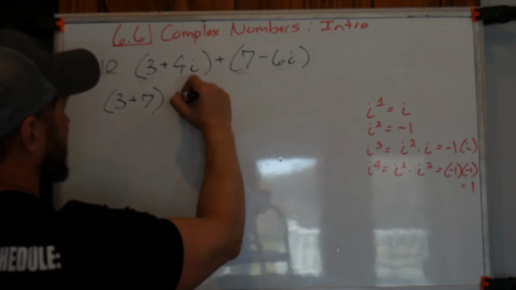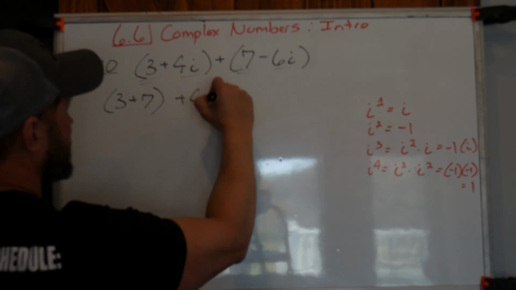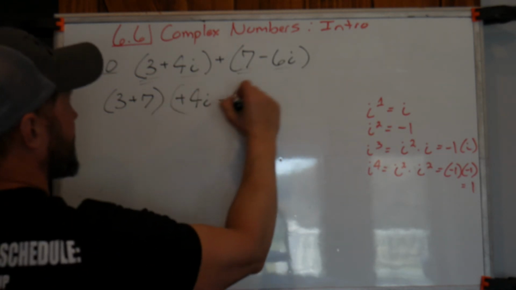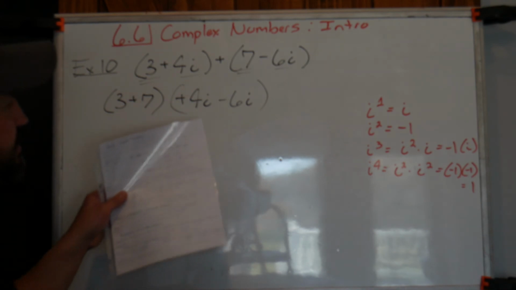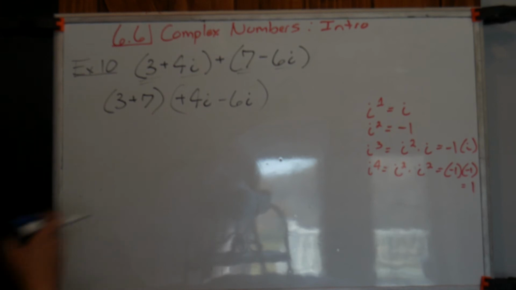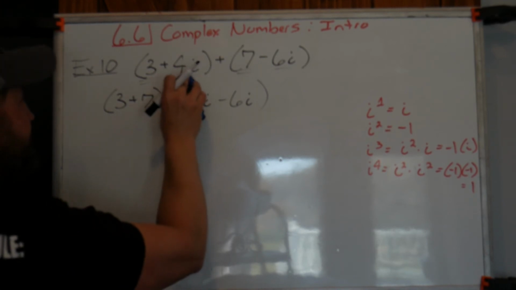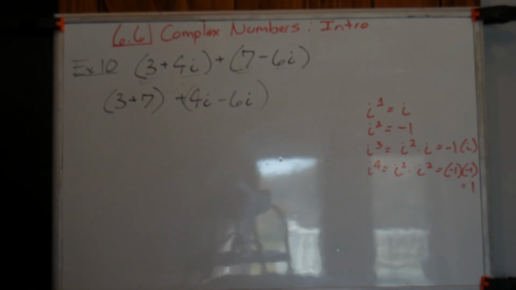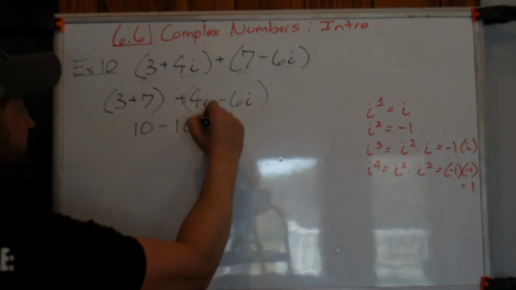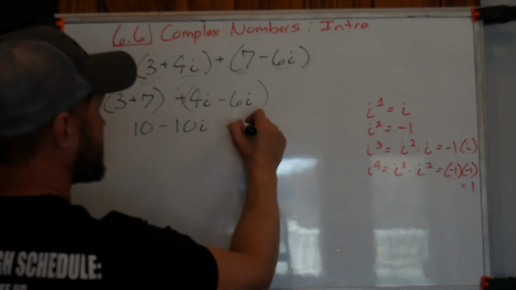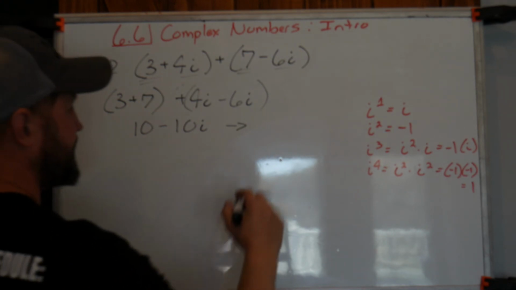And I can take my 4i minus 6i and combine those. So I'm thinking of these two different pieces. I shouldn't have written it that way. That looks like multiplication. I'll say plus 4i minus 6i. So I have 10 and I have 10 i's. 10 minus 10i. I don't know if the book factors out a 10. They might.